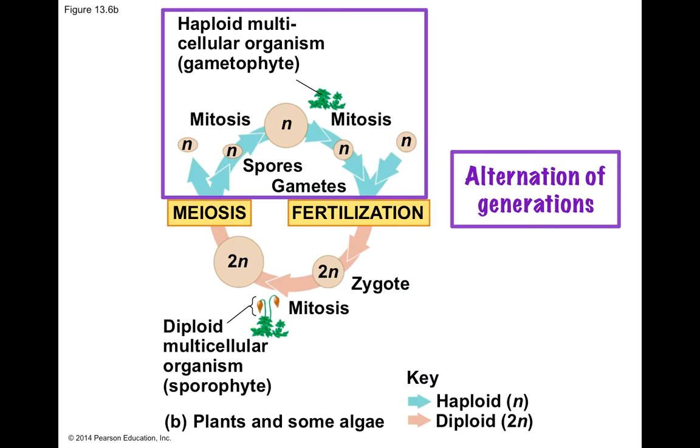These spores can grow into multicellular organisms called gametophytes, and since they're already haploid, gametophytes can make gametes simply through mitosis. And when two gametes come together, this produces a diploid zygote that will eventually develop into a multicellular sporophyte, and the cycle will go around again.